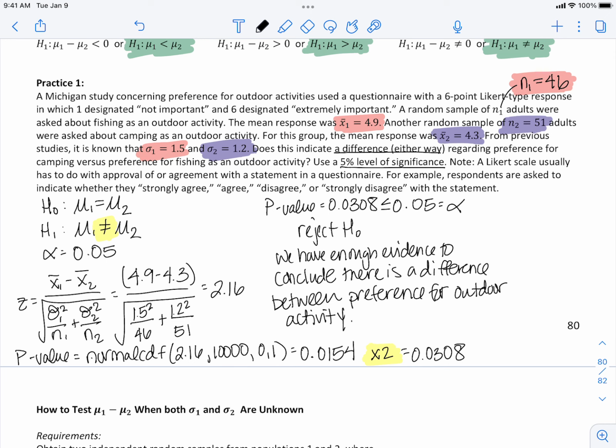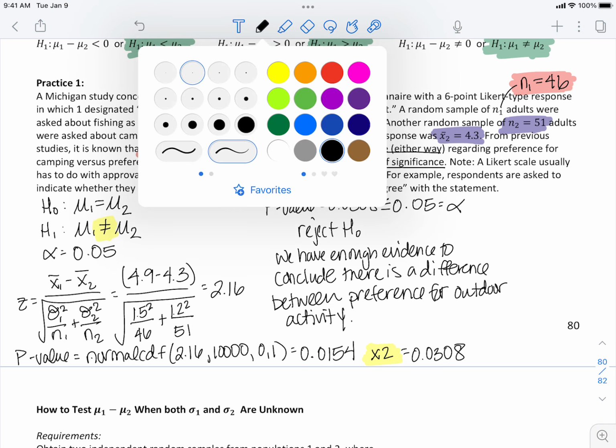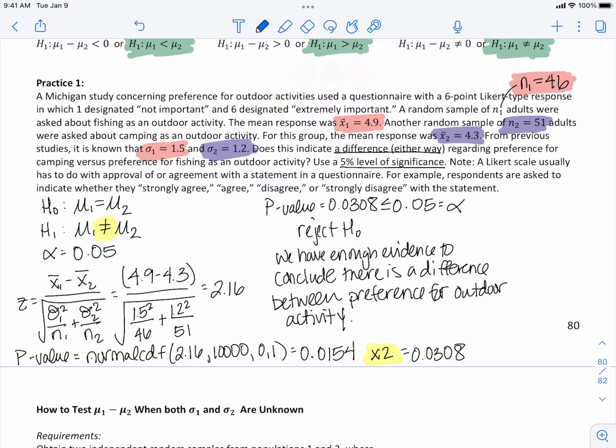Now, if you are going to use the calculator for this one, what we would do is we would choose the 2 sample z-test. And then on your calculator, we're going to go through and enter everything. So 2 sample z-test. First, we have our sigma 1, which is 1.5.